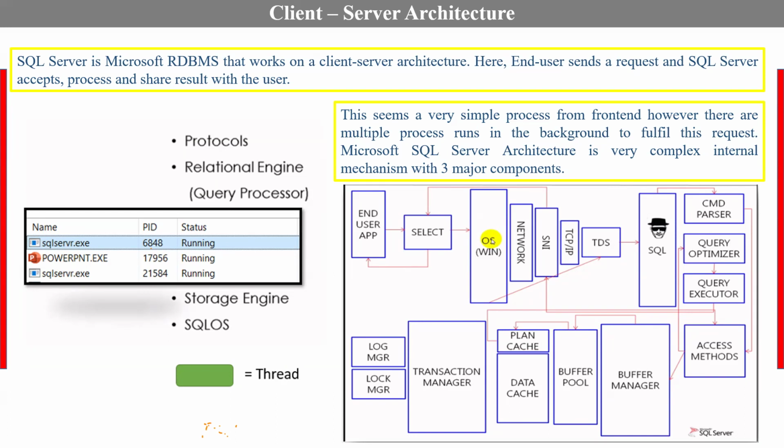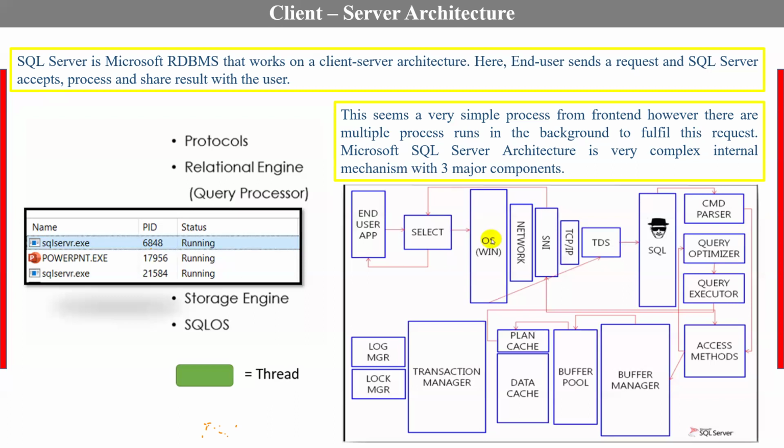Subbu asks whether the query optimizer goes directly to the plan cache, or goes through the access method whenever it needs to check or create a plan, or whether it can jump directly to the buffer manager and plan cache.